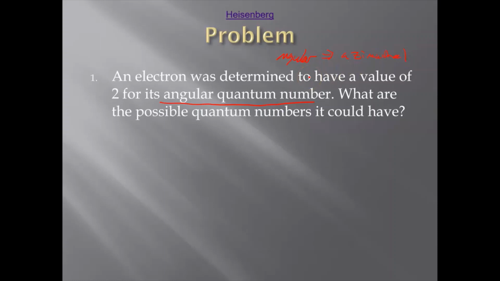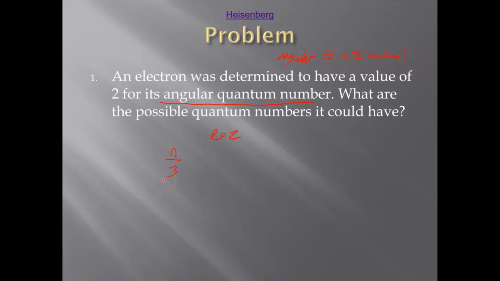So azimuthal, M-U-T-H-A-L, that's how you spell the last little bit of that, is the L value. So L is equal to 2. So what are the possible quantum numbers it could have? Well, looking at n, if L is always n minus 1, well, that means n is going to be L plus 1, so it could be 3.